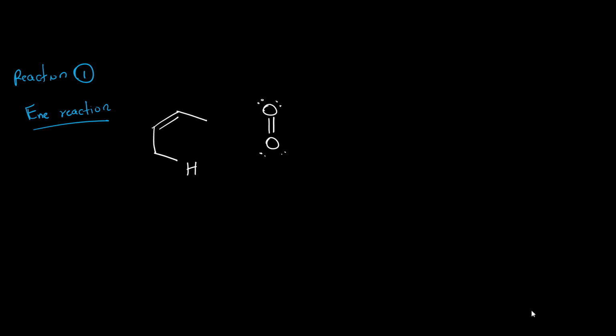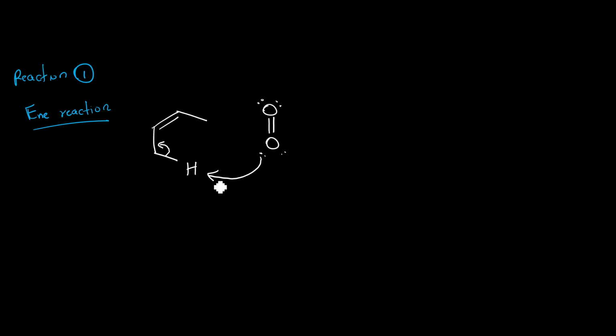Now what happens is, this lone pair will go there and attack the hydrogen on the alkene. Due to this attack, the carbon-hydrogen bond will break, and it will go here to form a new pi bond between these two carbons. When a new pi bond is forming, you can see this particular carbon is getting destabilized. It has to donate its electron density to someone.